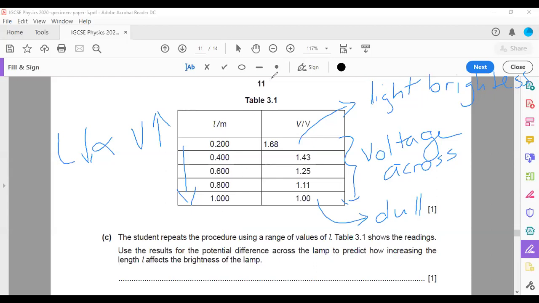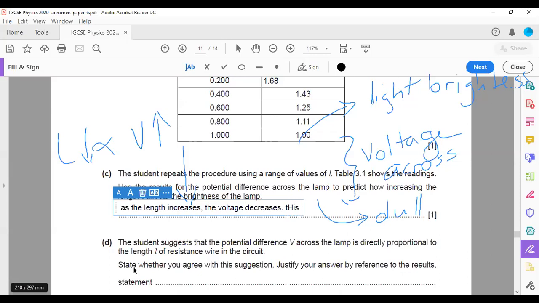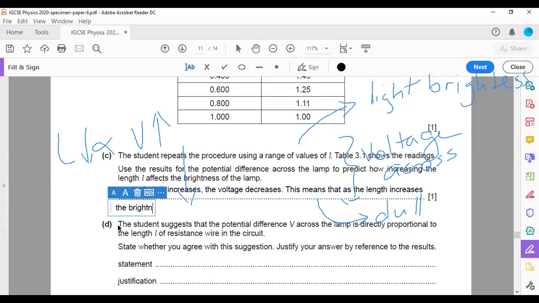As the length increases, the voltage decreases, which means that as the length increases, the brightness of the bulb decreases.